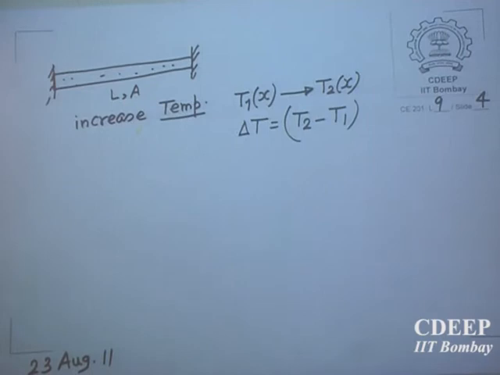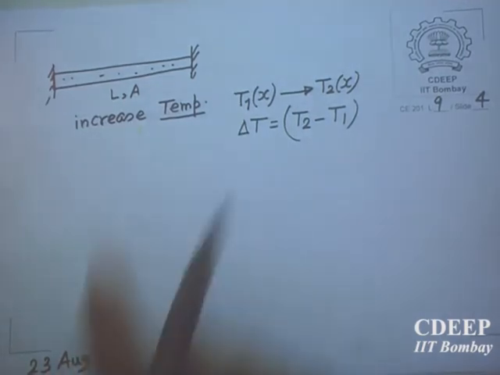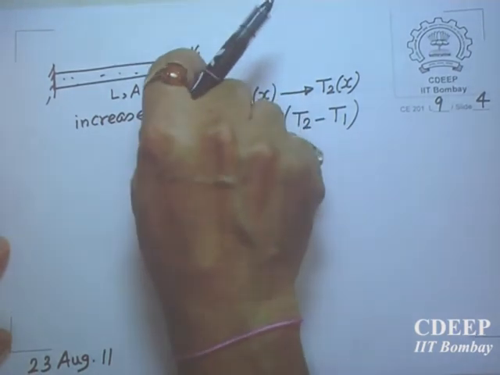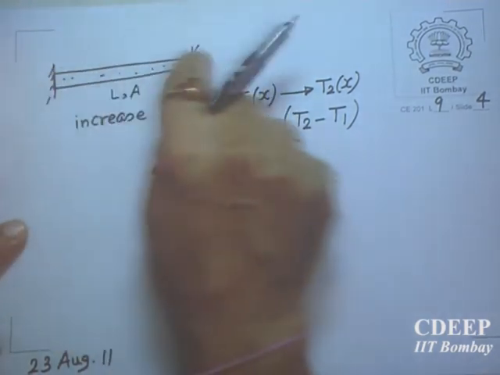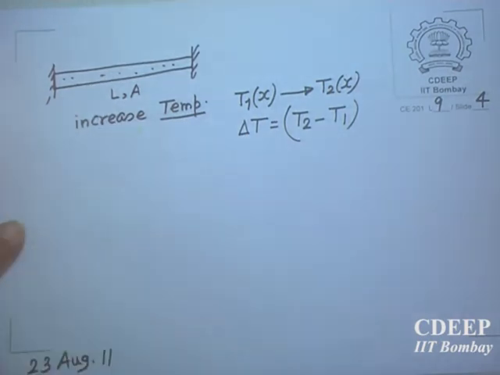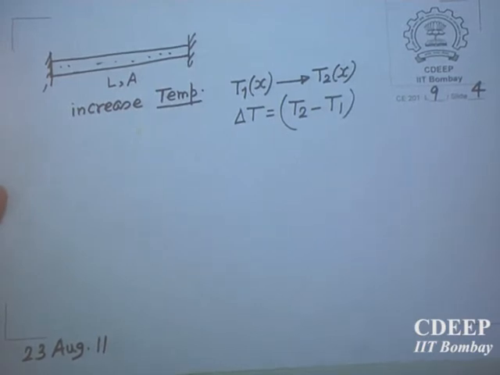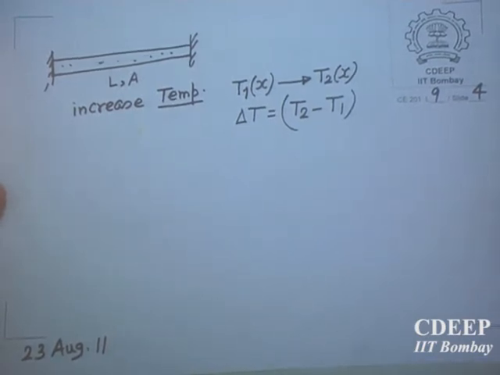Now T2 minus T1 is not the difference in temperature from bottom to top or from left to right. No. Initially the whole rod was at one temperature. People at very senior level also make this mistake. When we ask them what was the state, they will say, I think the left end was at T1 and now it has become T2, so this is a difference between the temperature of the two ends.